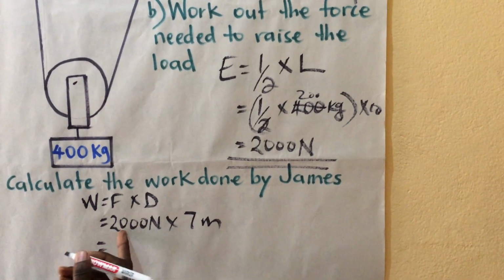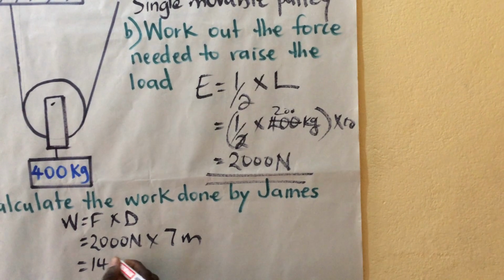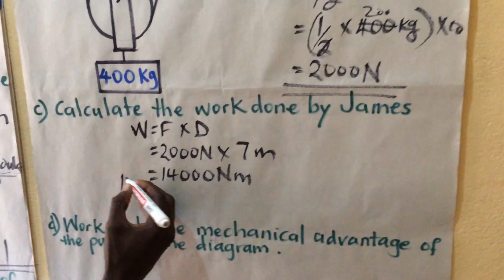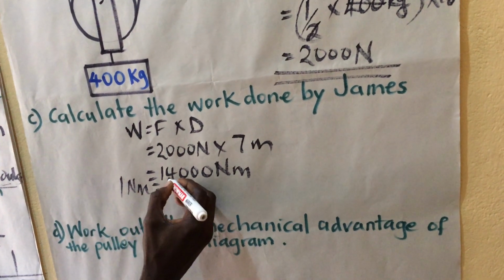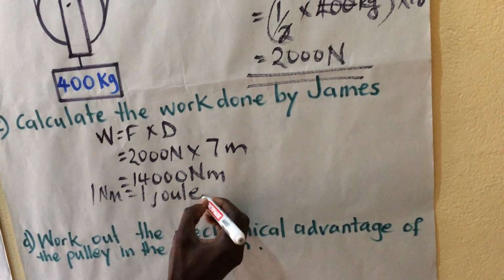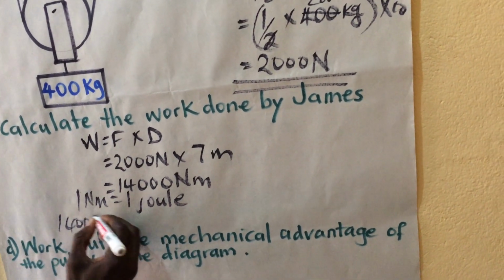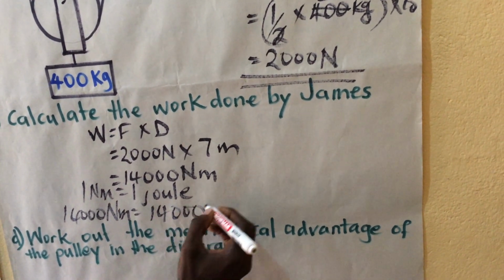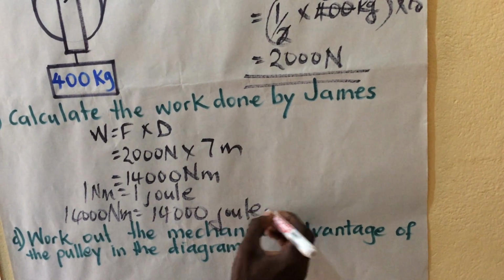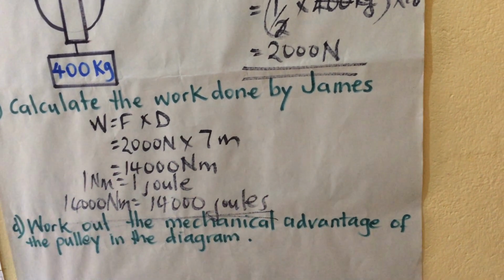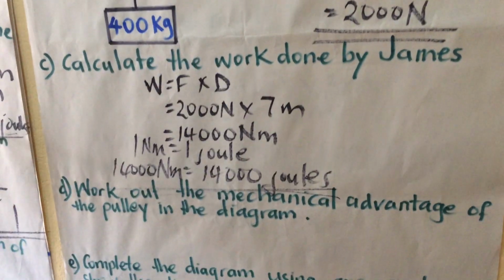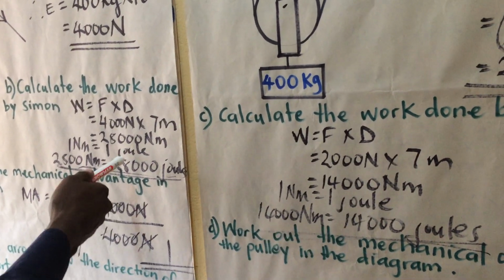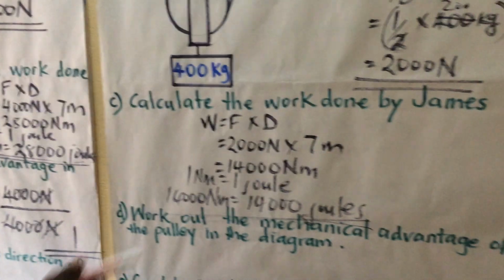This is 14,000 Newton meters. 1 Newton meter is equal to 1 joule. 14,000 Newton meters is equal to 14,000 joules. That's the work done. The work done here, we had 28,000. Here we have 14,000, which is a half of this.